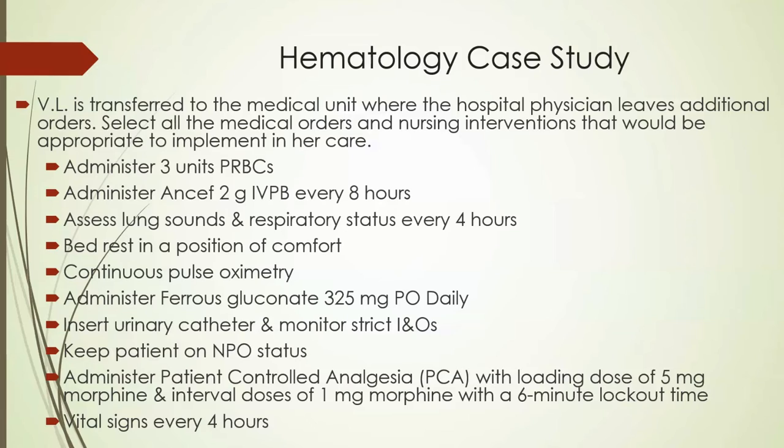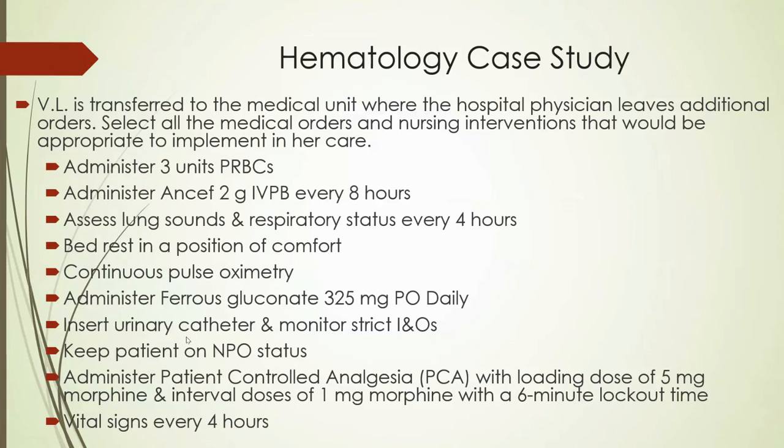And how about vital signs every 4 hours? Would that help this patient? It's to help monitor her condition. So for this one, we would want to administer antibiotics, assess lung sounds and respiratory status, rest in a position of comfort, continuous pulse ox, patient-controlled analgesic, and monitor her vital signs every 4 hours.